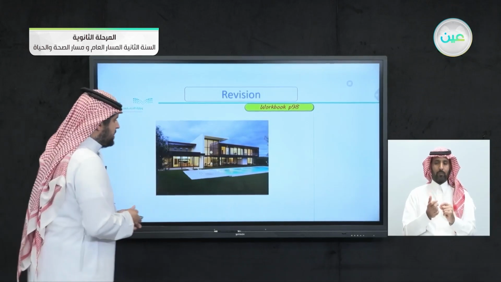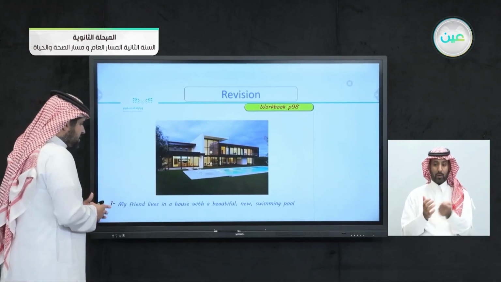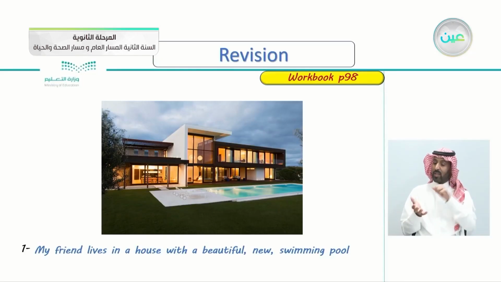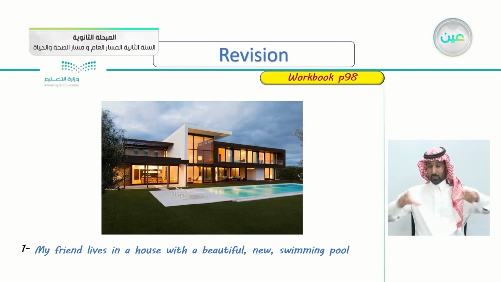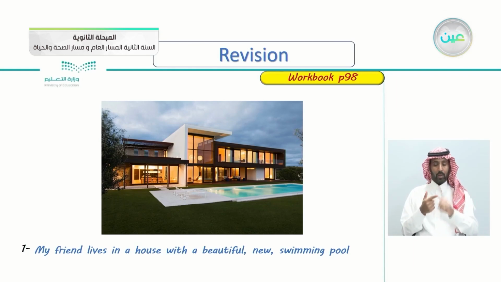Let's see what I have written here. My friend lives in a house with a beautiful new swimming pool. So I described the swimming pool as beautiful and as new.